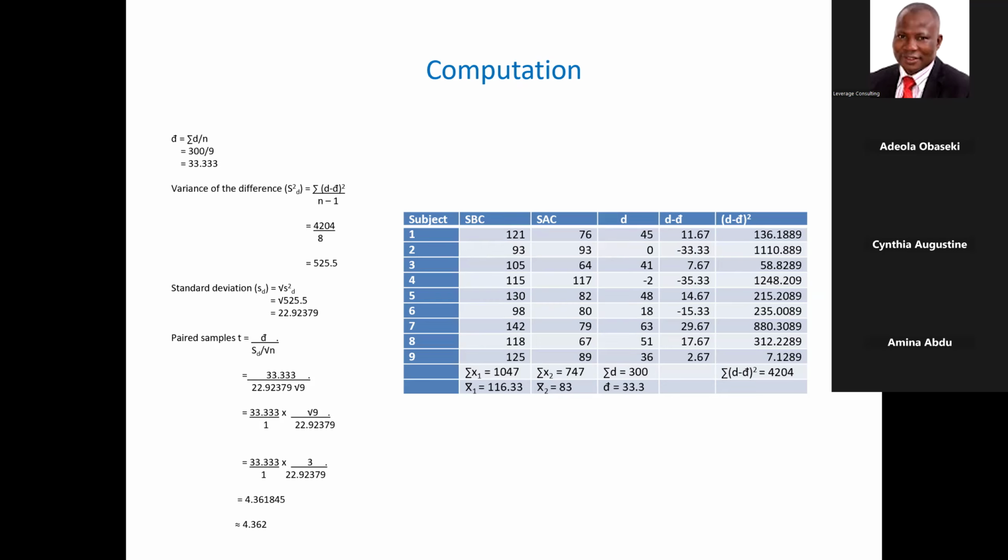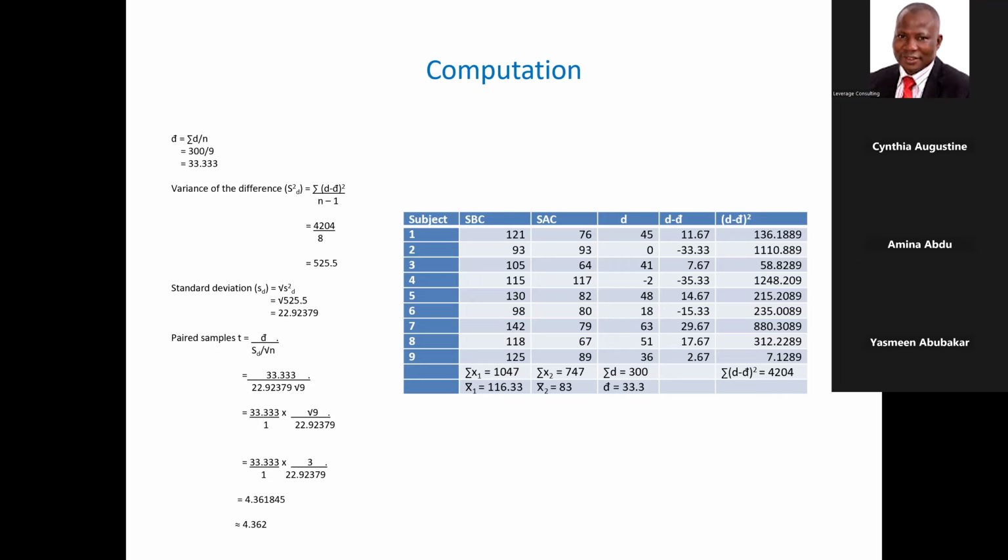The first column is the subject, the numbering, 1 to 9, serial number. The second column is the score before counseling. The third one is the score after counseling. SBC is score before counseling; SAC is score after counseling. So you can actually calculate their mean.